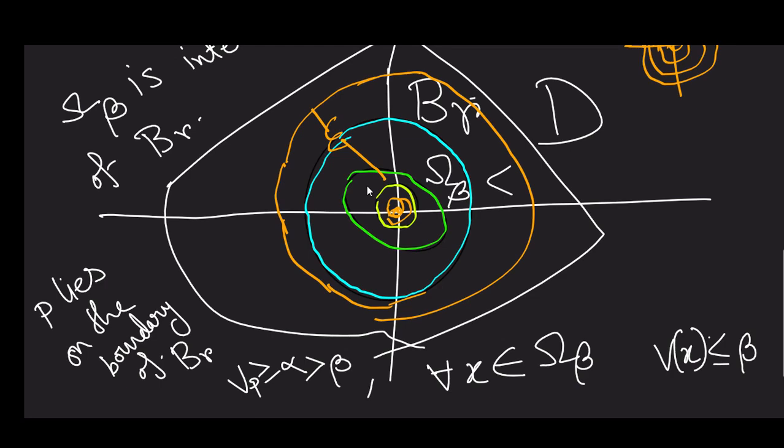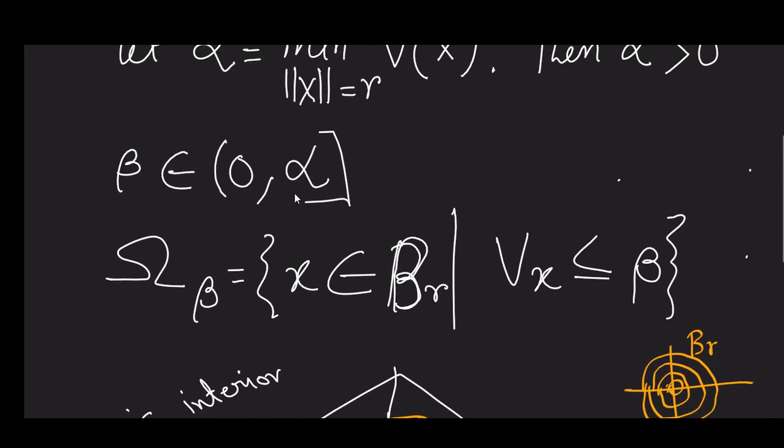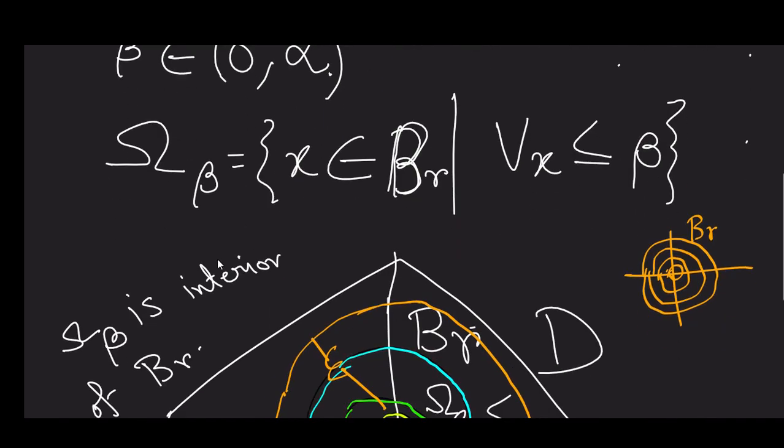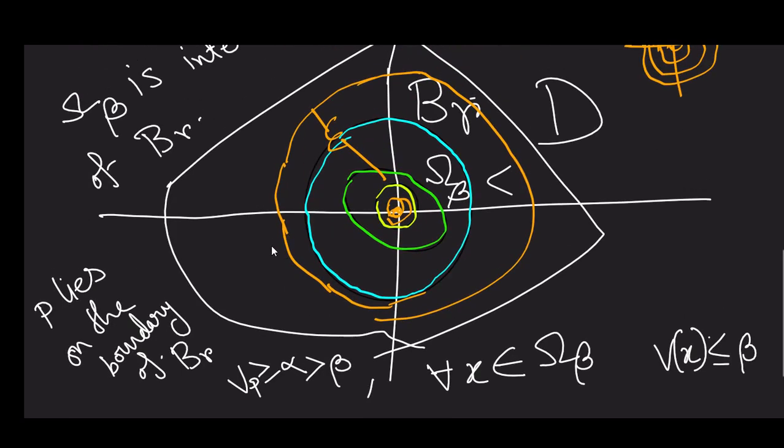But as you have excluded that by defining beta so that it doesn't include this alpha, obviously you will have omega beta. Now if you make it very close to alpha, then what will you have? You will have this omega beta, a region that may be very close to your... where is that? That is my cursor.